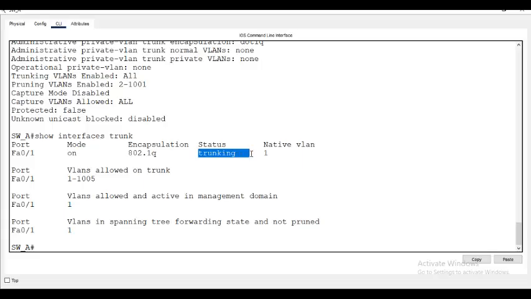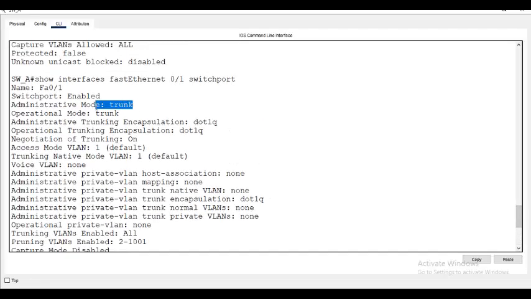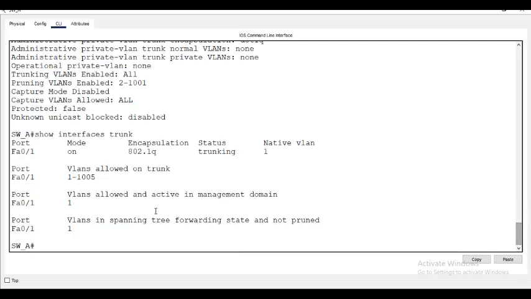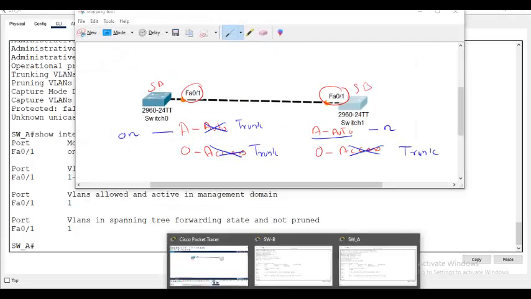Administratively on. That is why it is trunking. See the difference in the output. Here you have N and auto. There you don't have auto and N. Did you understand this?